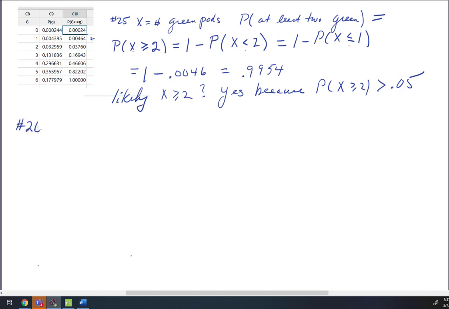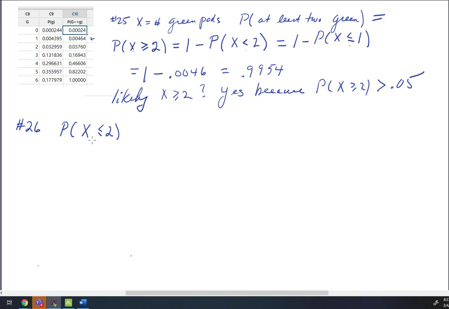Let's try problem 26. And in problem 26, the question is, with some verbiage, but it boils down to what's the probability that X is at most 2 green pods, which would be X less than or equal to 2.